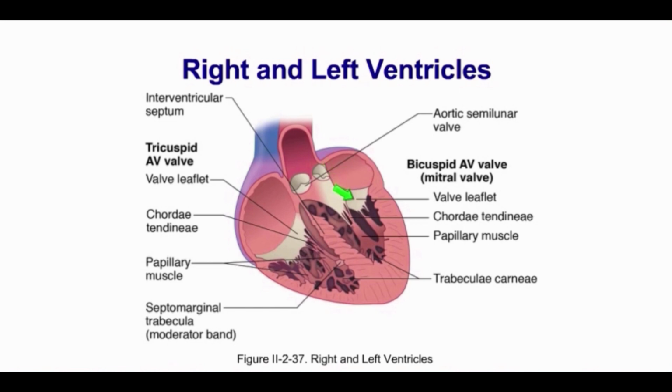So understanding that explains why, if you have ruptures of the chordae tendineae, as sometimes can occur with perhaps endocarditis, ruptures of the chordae tendineae can lead to prolapse of the valve.